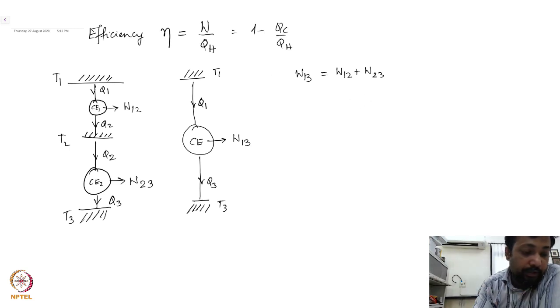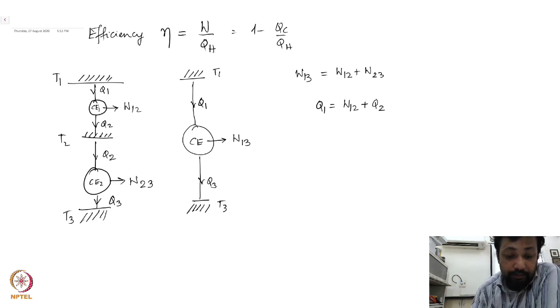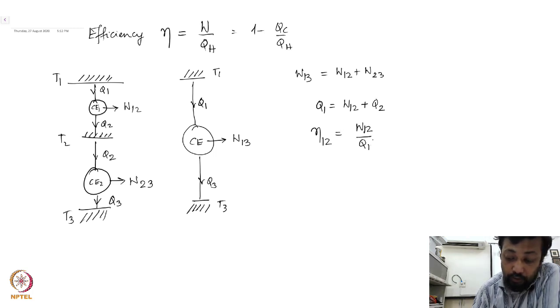If I now apply the conservation of energy, then Q1 is W12 plus Q2. But from the definition of efficiency, I can write eta 12 as W12 divided by Q1. So therefore Q2 is Q1 times 1 minus eta 12.